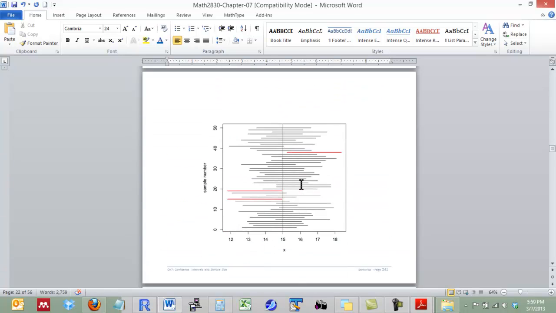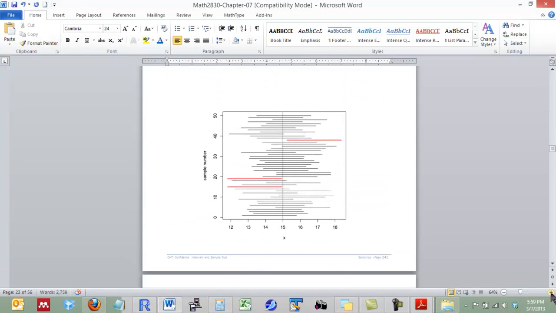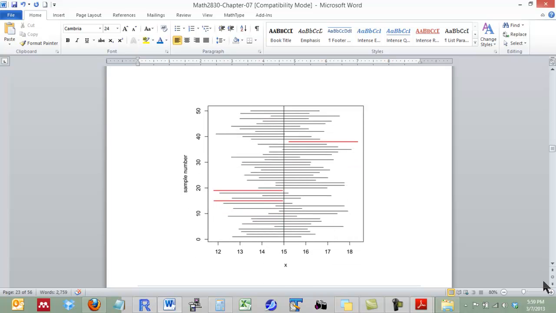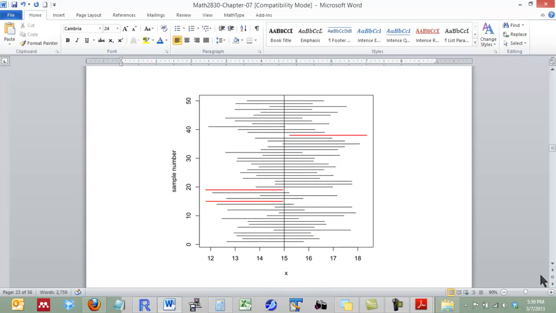This is an example of going through and actually taking 50 samples. I've got my mean here, and I've actually sampled and constructed a confidence interval 50 times. In this particular experiment, it came out that 3 of them missed. Here is an interval, and you'll see that it contains 15.